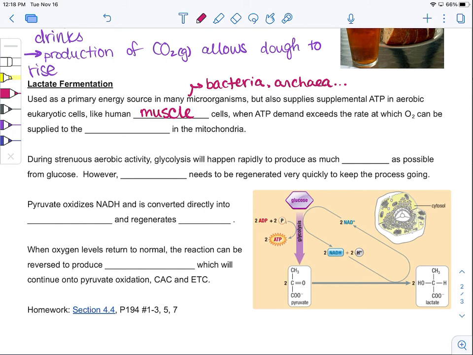The sort of examples where this would happen is when ATP demand exceeds the rate at which oxygen can be supplied to the electron transport chain in the mitochondria. So this would be things like aerobic activity.